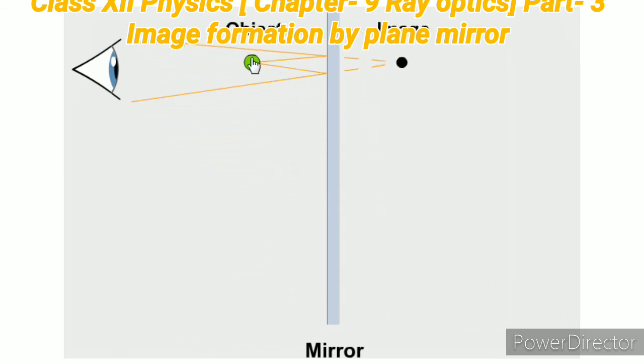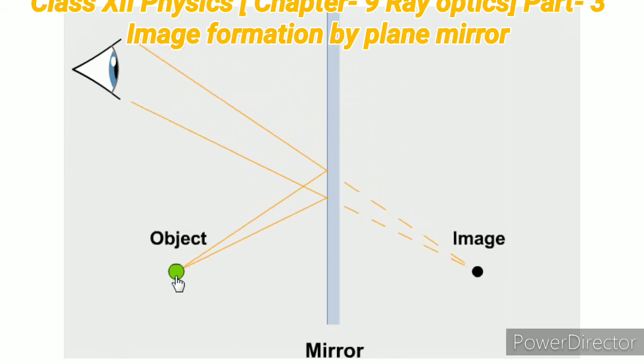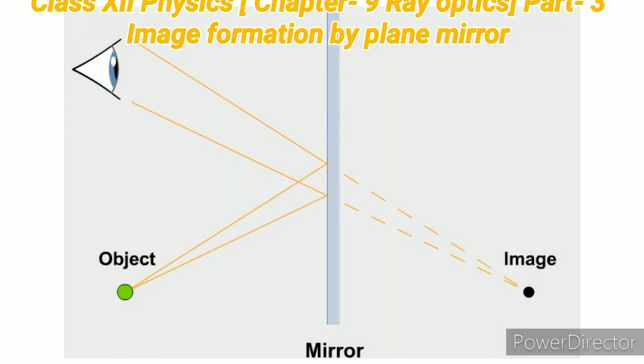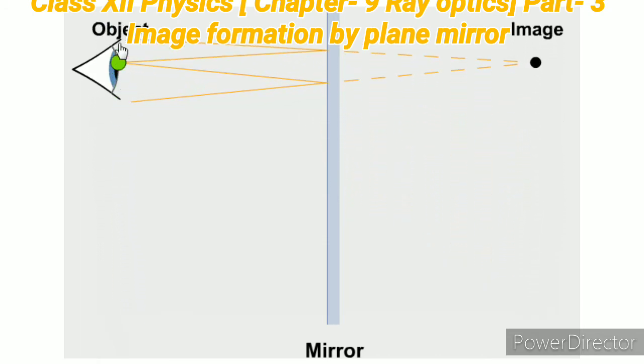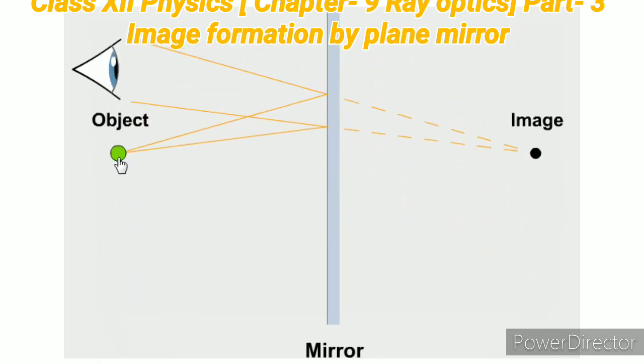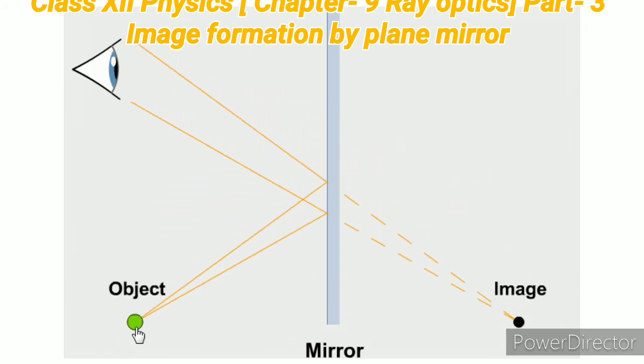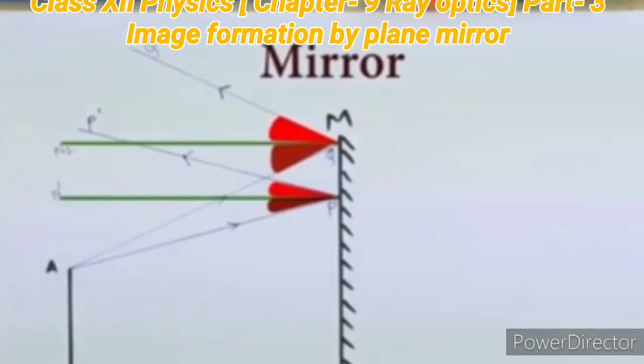If the rays are coming from point A, then let AP and AQ be incident on the mirror at points P and Q respectively. After striking the mirror, ray AP is reflected as PP dash while AQ is reflected as QQ dash.